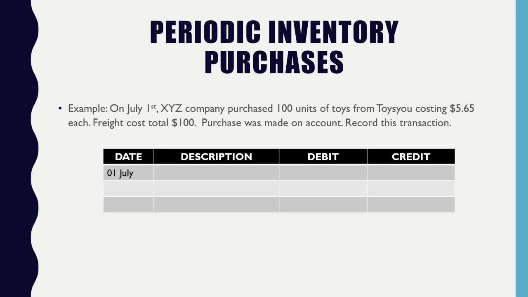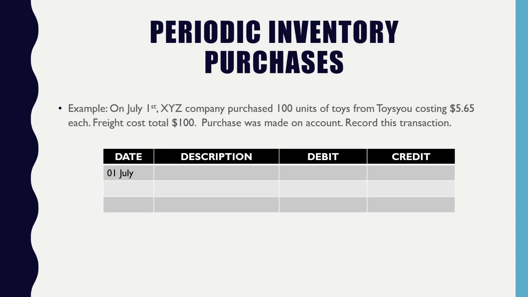Now, if we take a look at our accounting model, we are increasing our inventory. However, because we're treating this inventory as if they are expenses, I am increasing my expenses because I'm purchasing inventory.